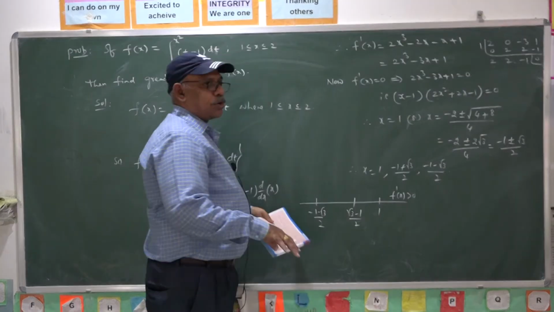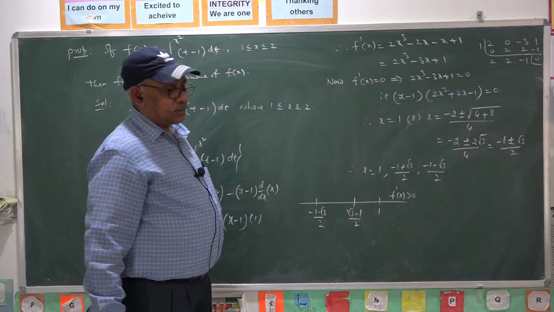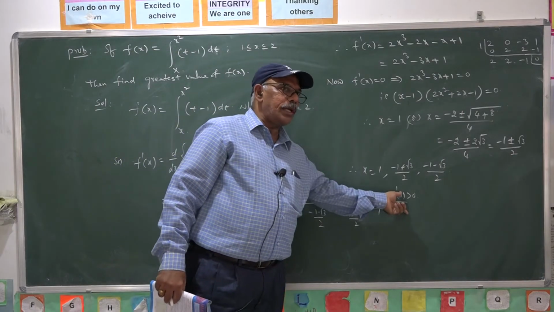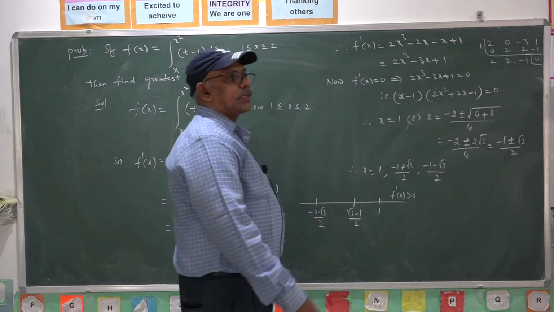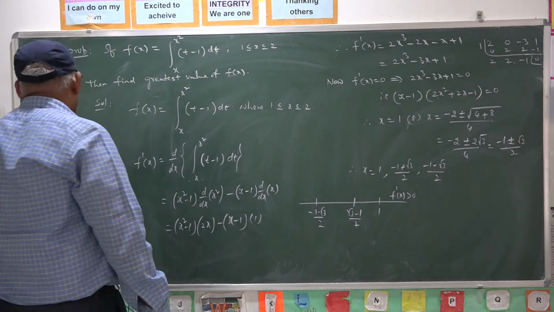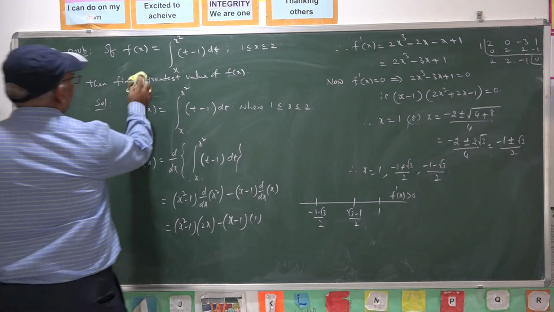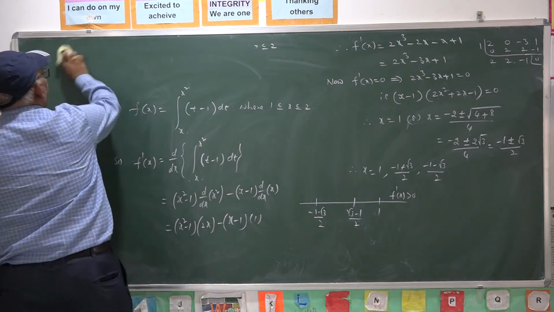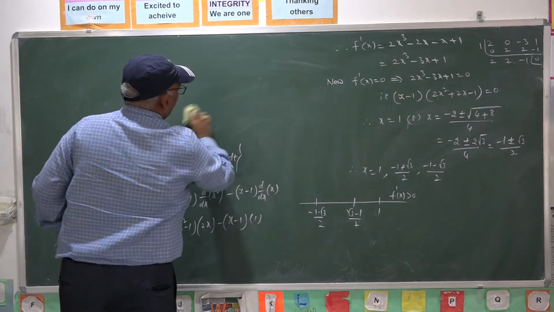Moreover, here you need not discuss the other values, because x is more than 1 only. So for x more than 1 and up to 2, f dash x is greater than 0 itself. Therefore, f is increasing function here. F is increasing function in the given interval.